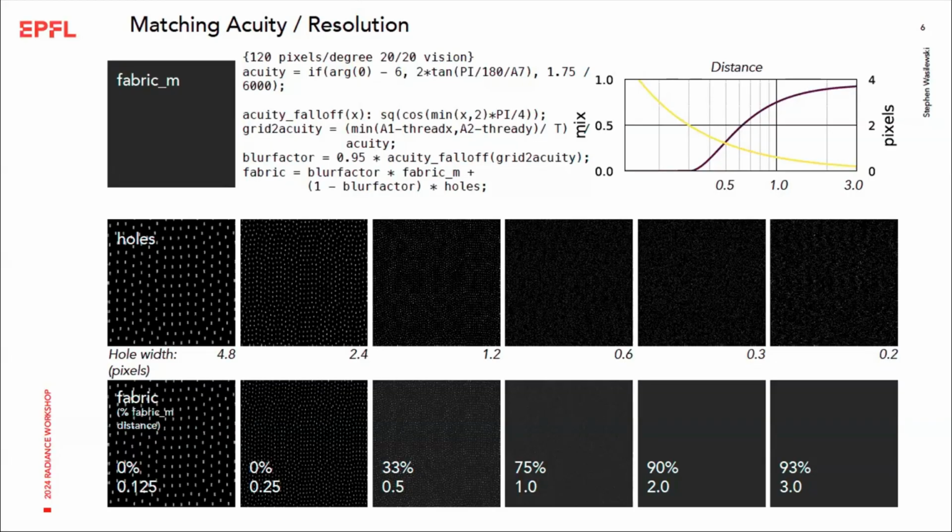So I just made a little acuity model. And this is a little weird because you now have to match the material to what your renderings are going to be. Basically, the acuity of your picture would be the pixels per degree of your view opening angle. So if you're rendering a 3000 pixel fisheye, right, you'd have 3000 over 180 would be your acuity, and 20/20 vision would be 120 pixels per degree.